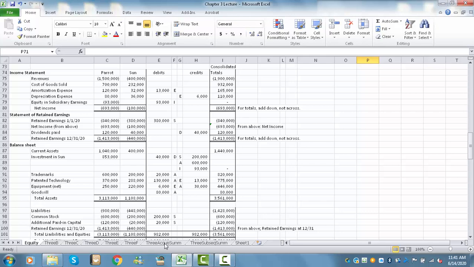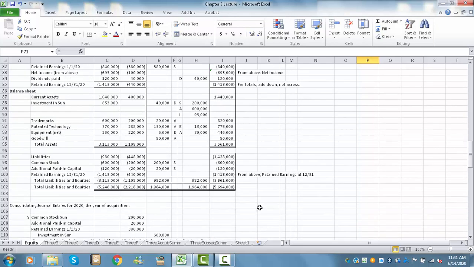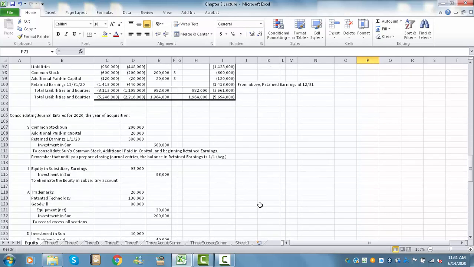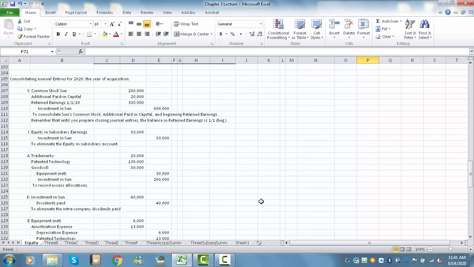We're going to take this and move it over here. How we do it is we do these consolidating journal entries, and they're only for purposes of consolidation. They're not in either company's financial statements. So we want to get rid of the investment in Sun by getting rid of its beginning retained earnings, its additional paid-in capital, and its common stock. In other words, we want to start out the year clear.